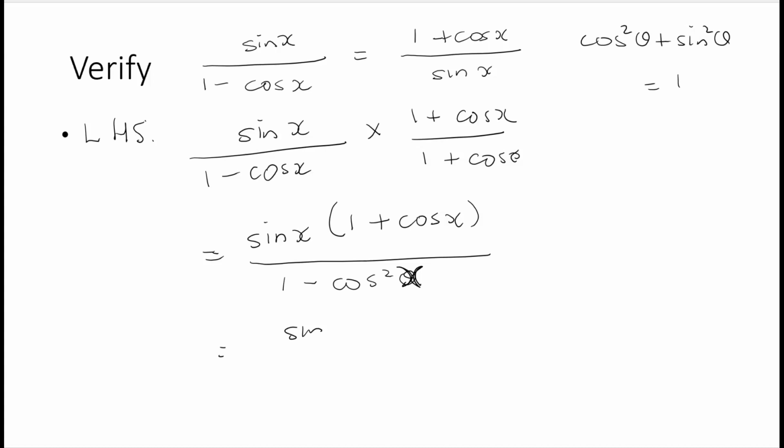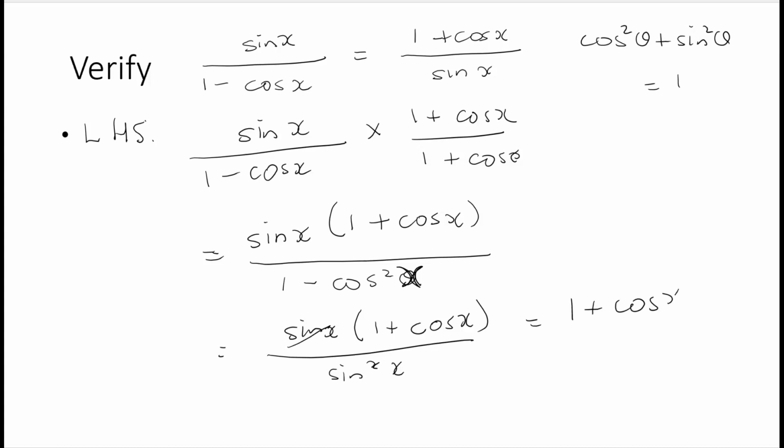So I've got sine x times 1 plus cos x over sine squared x. And we can cancel one of the sines with one of the sines, and we're left with 1 plus cos x over sine x. That's exactly what we wanted.